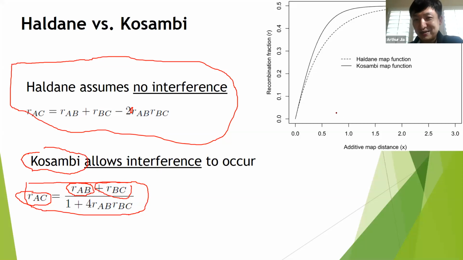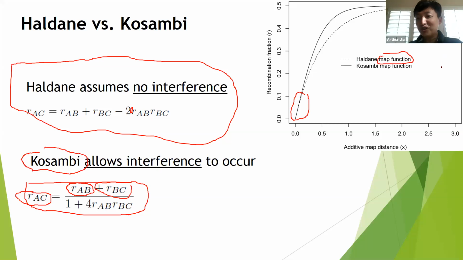All right, now look at here. I showed this diagram before. It shows the relationship and distance between these two map functions. The dashed line is the Haldane, and the solid line is the Kosambi. If you look at the very beginning or the very end of these two curves, they are very close to each other.